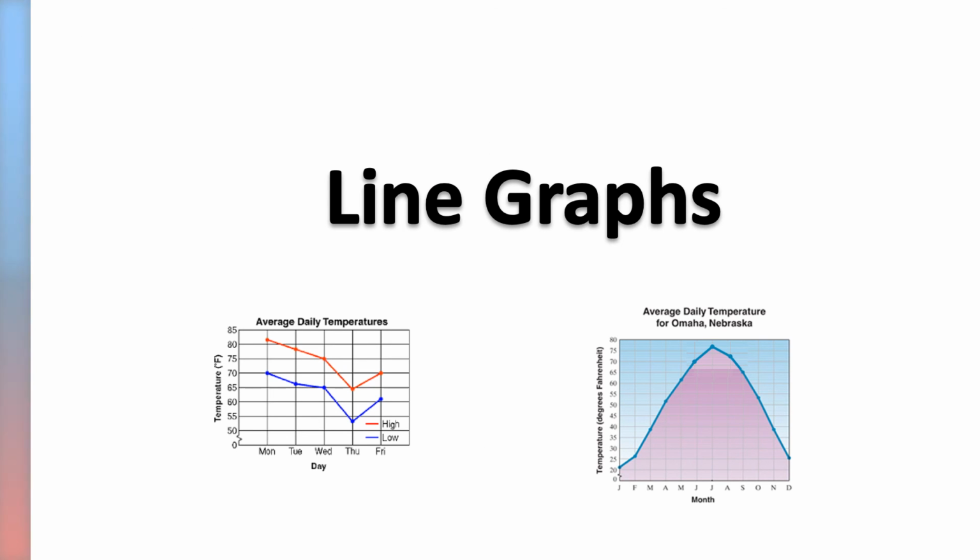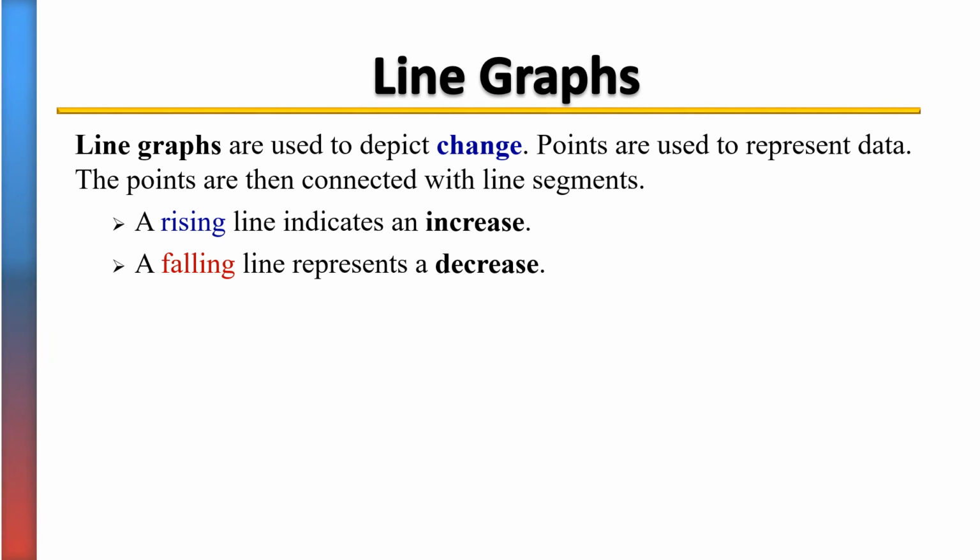And now let's move to line graphs. Line graphs are used to depict change. So your points are used to represent data, and these points are connected with line segments.